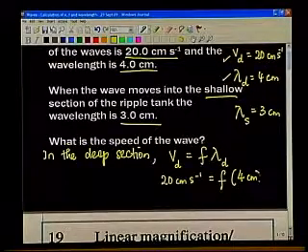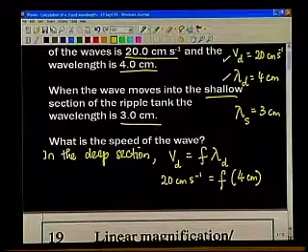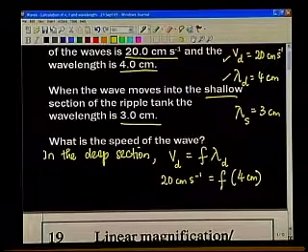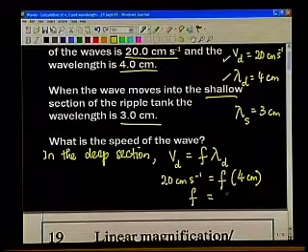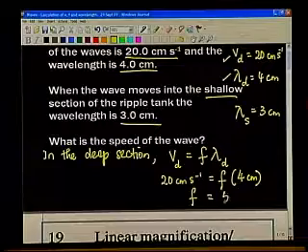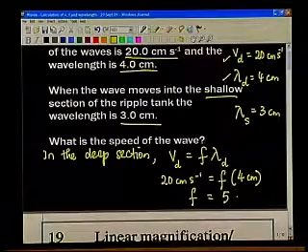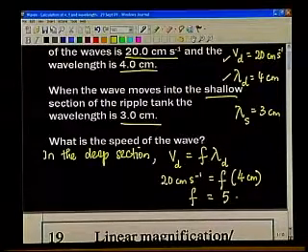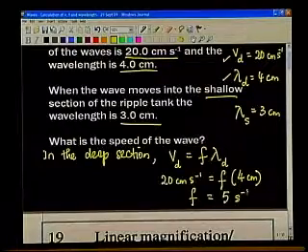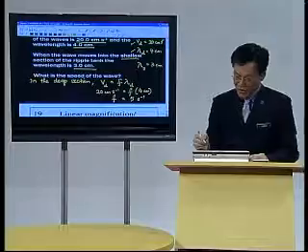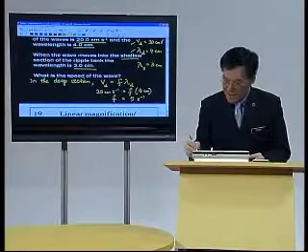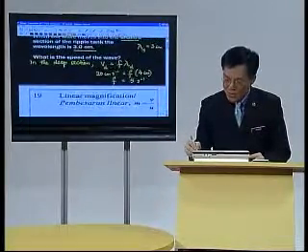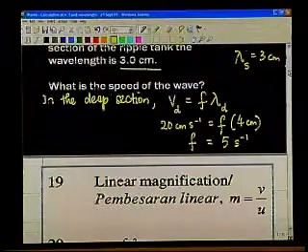Alright, so from this equation, I know that the frequency is given by 20 centimeter per second divided by 4 cm. I would get 5 hertz or 5 per second. Okay, if you write down 5 per second, it is perfectly alright, or 5 hertz. So far so good?